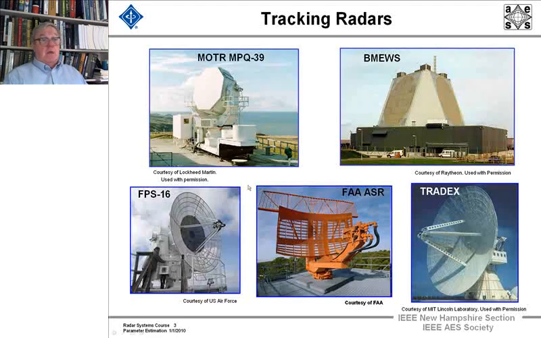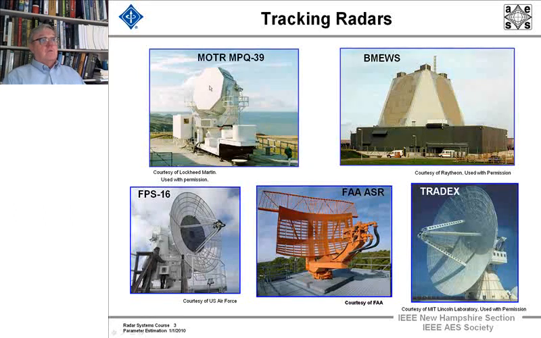And here are two instrumentation radars. The only difference between the FPS-16 and the MPQ-39 is that this is a lens array with exactly the same pretty much aperture and power, but because it's an array, it can track about 20 targets that are within the field of view of the array, whereas the FPS-16 is a single target tracker.